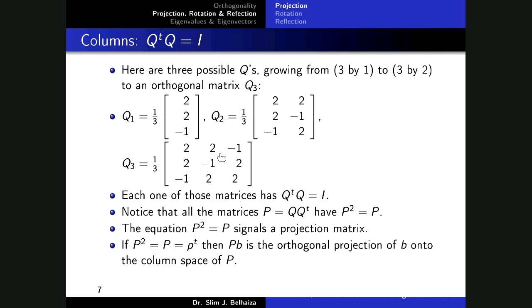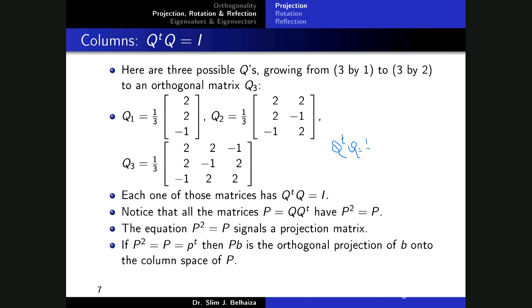So basically, if you multiply Q1 transpose by Q1, what am I going to have?